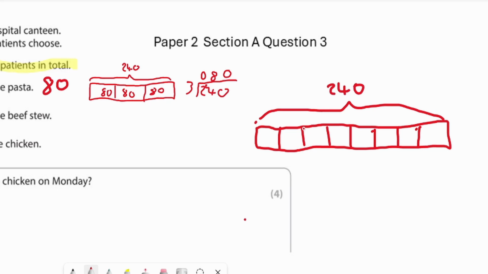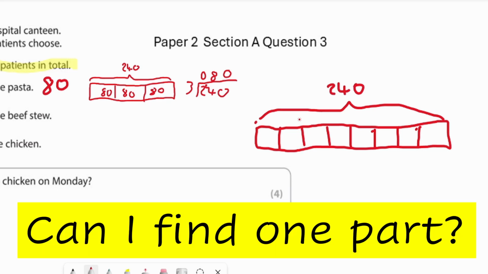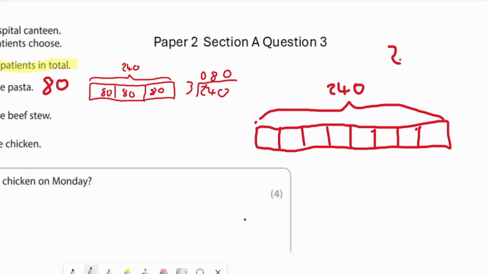And then I ask myself, well, can I find one part? And in this case, yes, we're going to find one part by doing 240 divided by 8. Again, let's do this without a calculator. We've got 240 divided by 8 using the bus stop method. Let's go. How many 8's are there in 2? 0. Carry the 2 over.